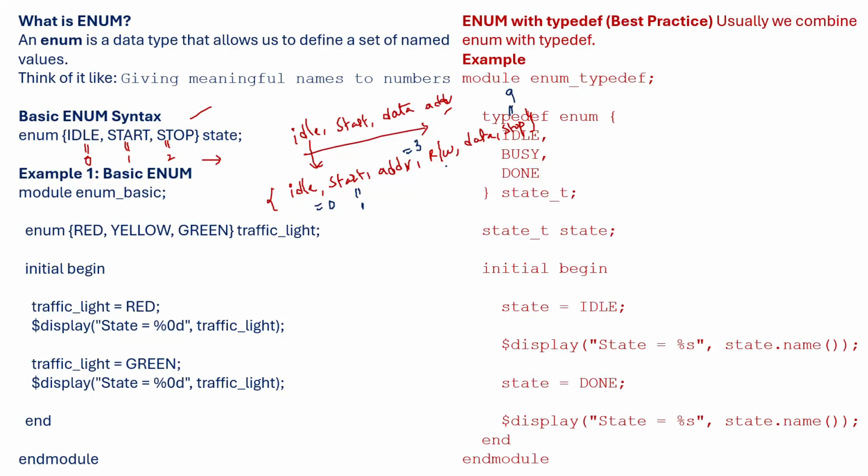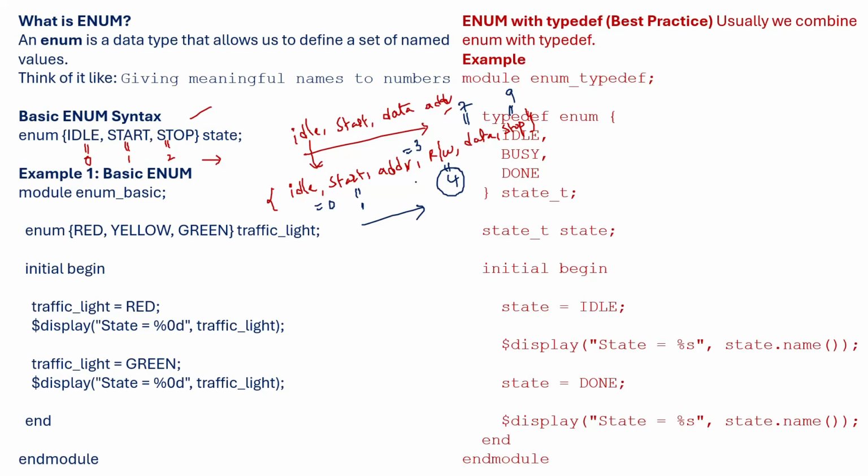Before that, data will be 7, and the read or write bit is 4. In this way the user can define values for the names, or the simulator automatically increments based on the previous value, so plus 1 is added to each number.